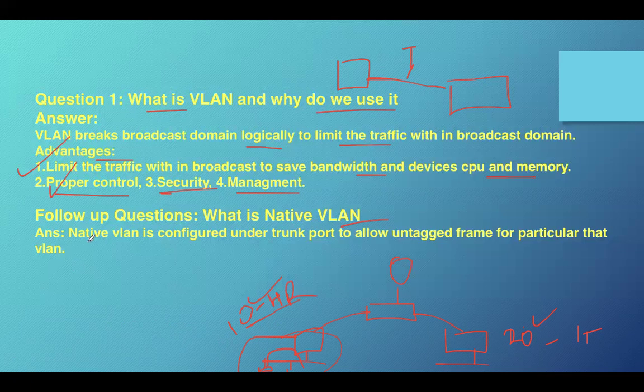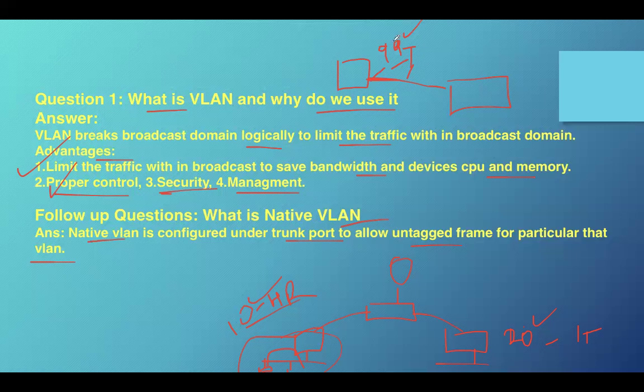Native VLAN is configured under the trunk port to allow untagged frames for a particular VLAN. So if you configure, for example, native VLAN 99 on this trunk port, that means all traffic destined or sent for VLAN 99 over the trunk would be untagged.